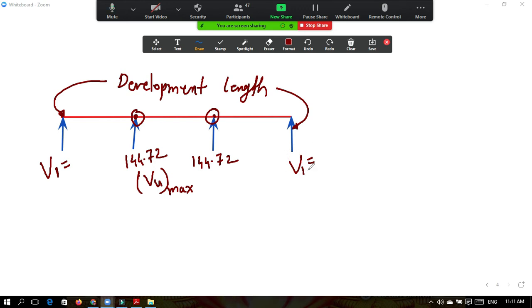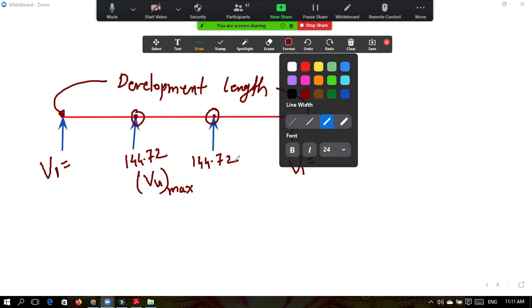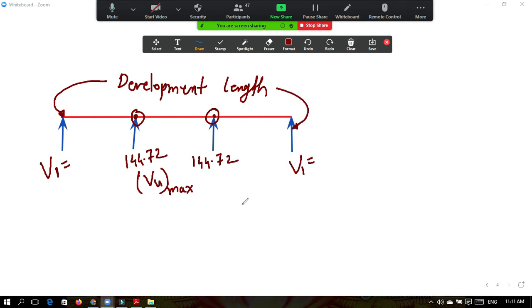And this shear force we want to calculate now, the shear force at the end support. Again we will calculate this shear force by taking the coefficients from IS code. I have drawn this diagram for your understanding, so you should understand what is V1 and what is V max.